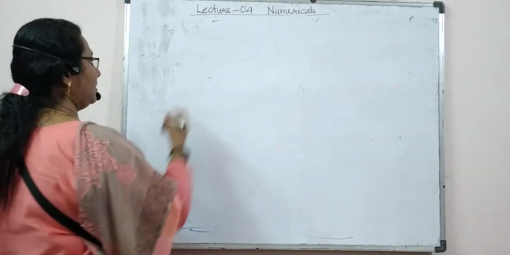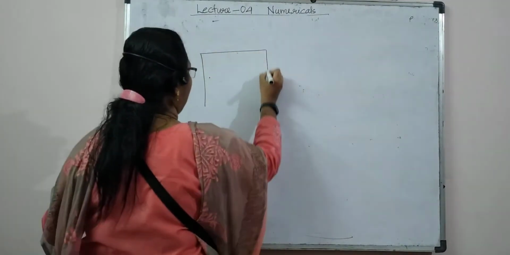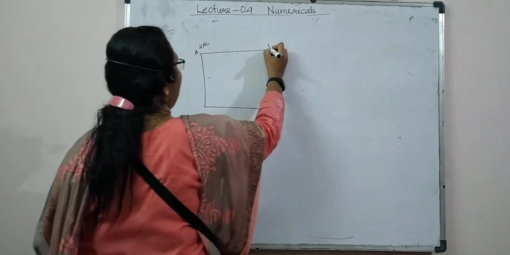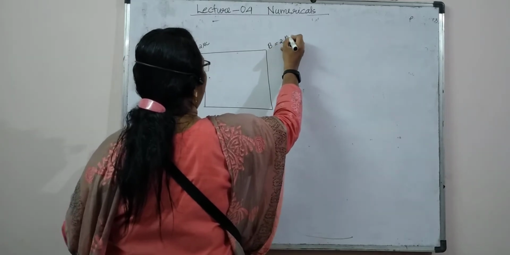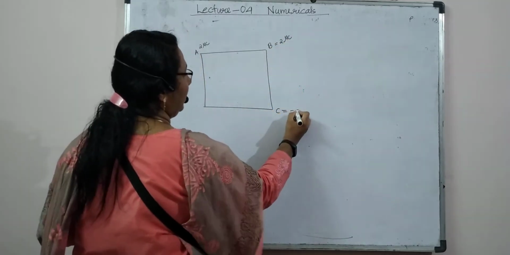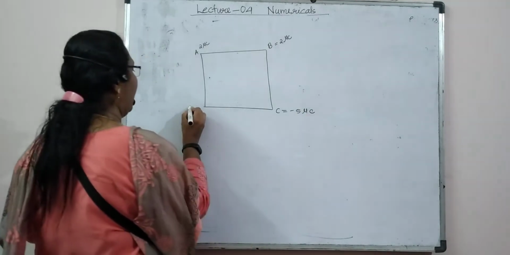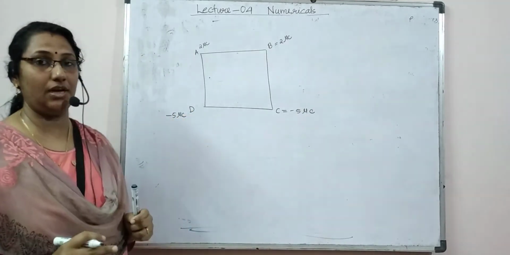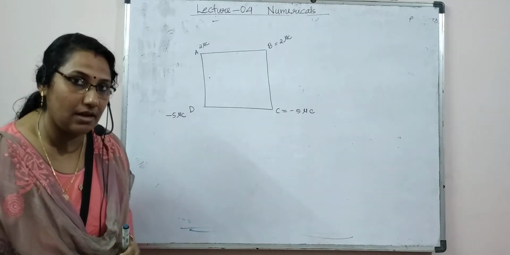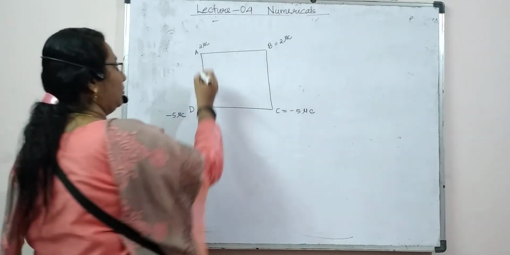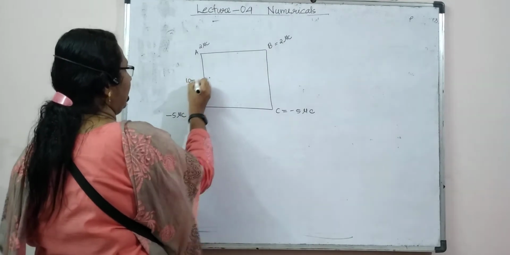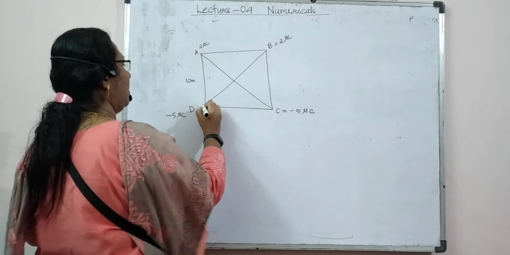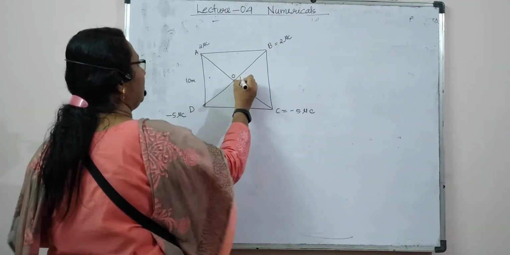So, suppose in the same question, if A contains 2 mu coulomb, B also contains 2 mu coulomb, C contains minus 5 mu coulomb and D contains minus 5 mu coulomb. If this is the position of charge, whether the net force cancels out, never. You have to find it. This is 10 meter length. O having 1 mu coulomb.